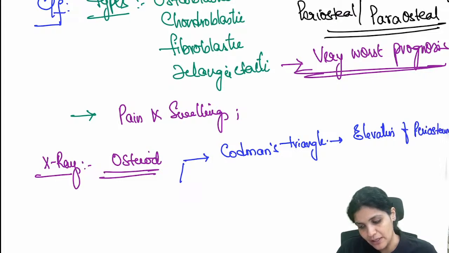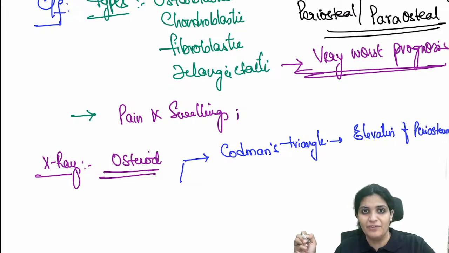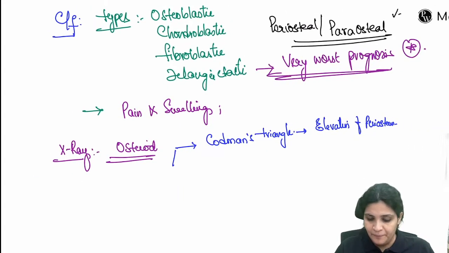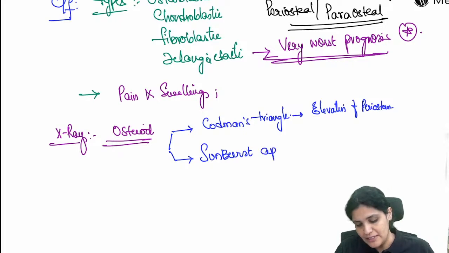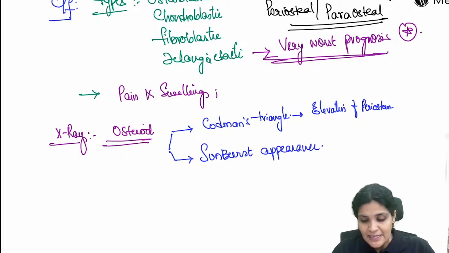So we already know that this periosteum was elevated, in this case by the tumor. And then the second one is the osteoid forming along the vessels or Volkmann structures, which is called the sunburst appearance.